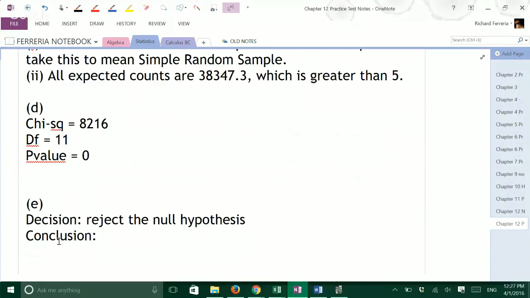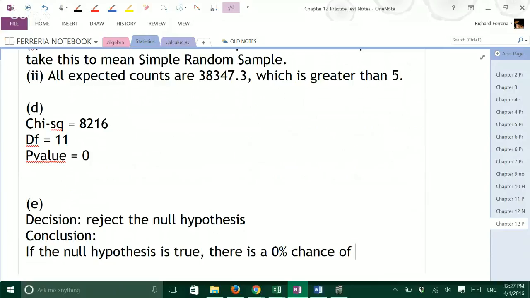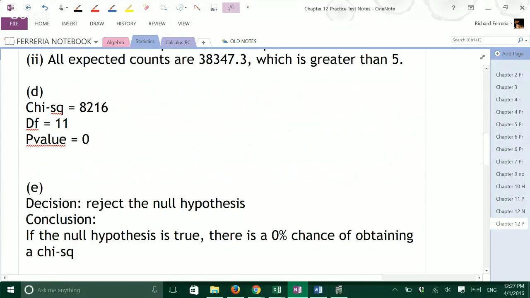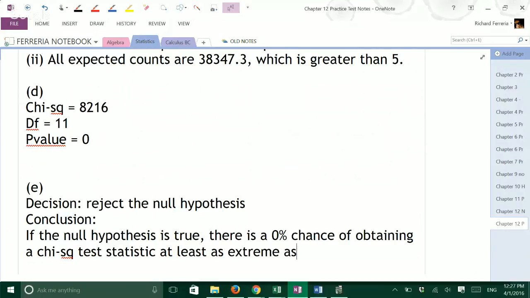Assuming the null hypothesis is true, there is a 0% chance of obtaining a chi-square statistic at least as extreme as the one with 8,216.